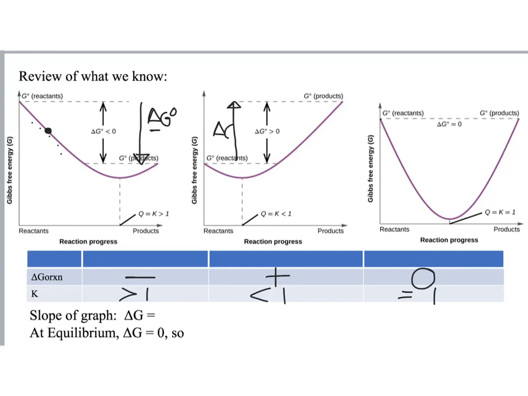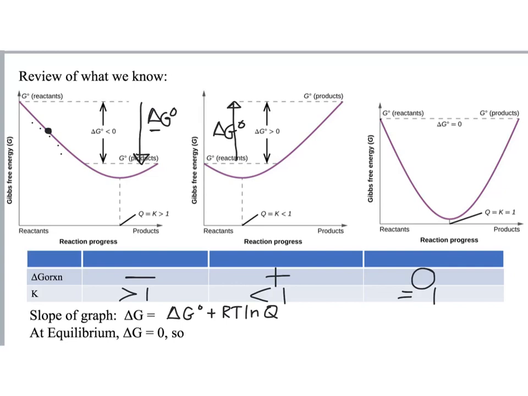But we said the slope of the graph was given this name delta G without the naught, so just plain delta G, and that is strange, but that is what it was, and the slope at any point on that graph is equal to delta G naught plus RT ln of Q.